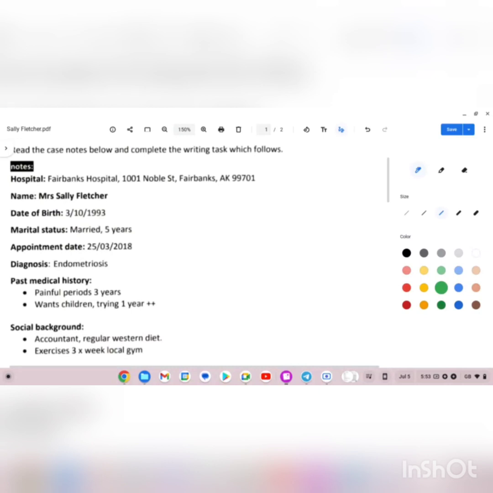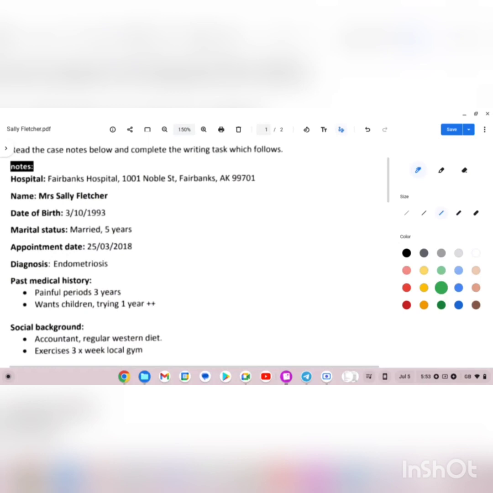When we come to the notes, you can see the patient was at Fairbanks Hospital, and the address is given. The name of the patient is Miss Sally Fletcher. Date of birth is 3rd of October 1993. Marital status is married, 5 years.